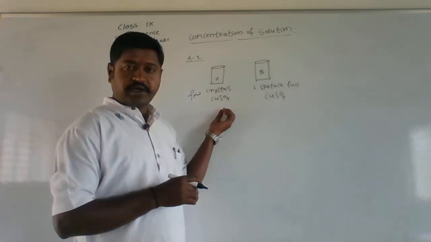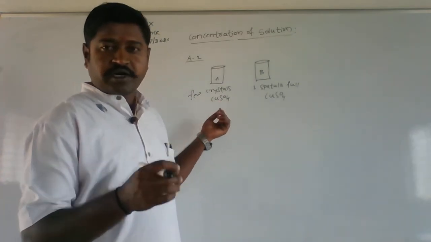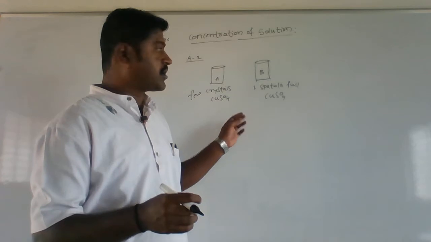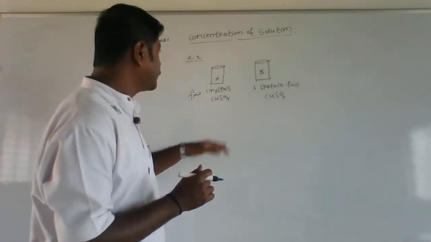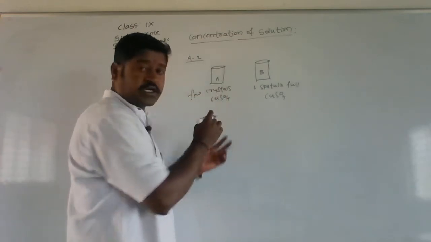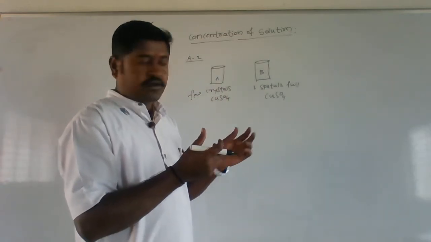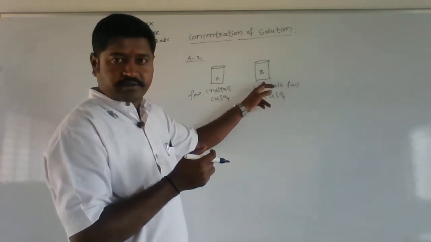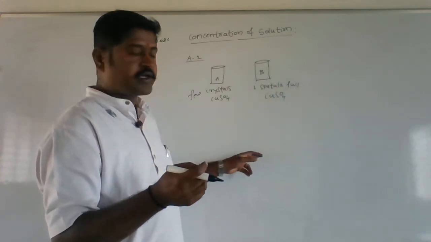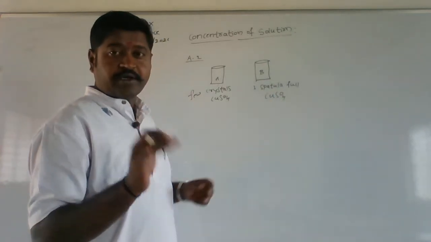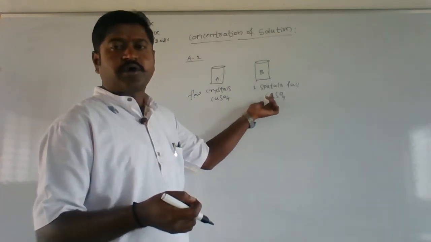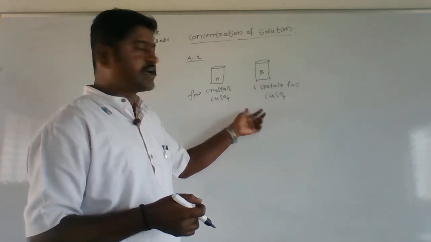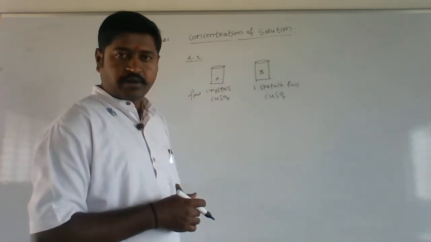Here in beaker A, the copper sulfate quantity was less compared to beaker B. So here the color changes. Beaker B is going to be darker in color compared to beaker A. Why? Because it is having more quantity of copper sulfate compared to beaker A.